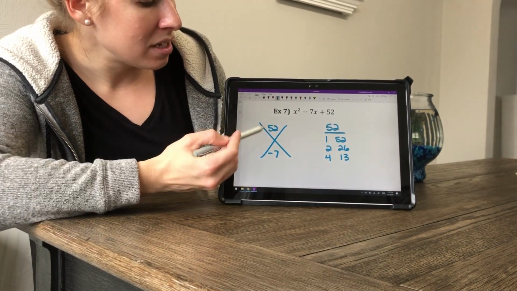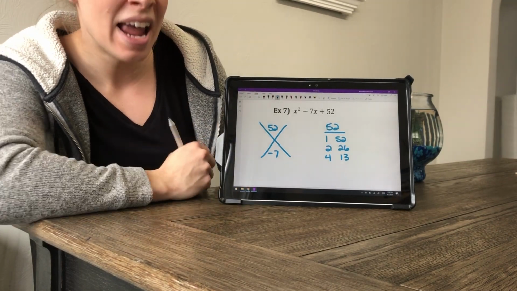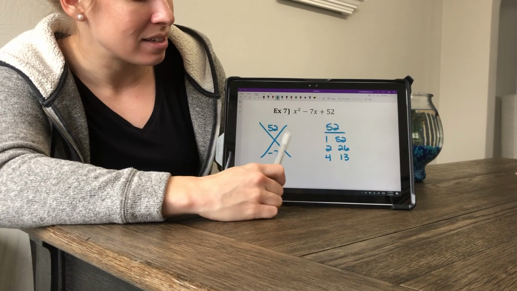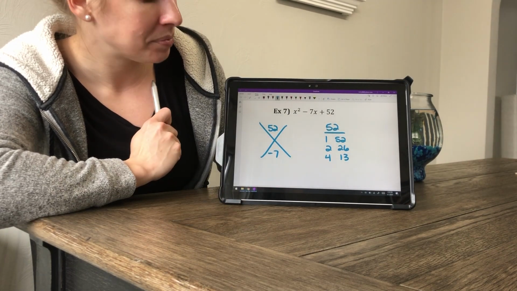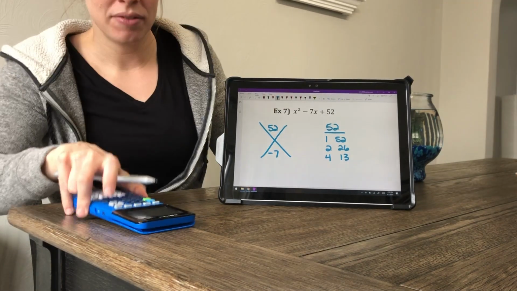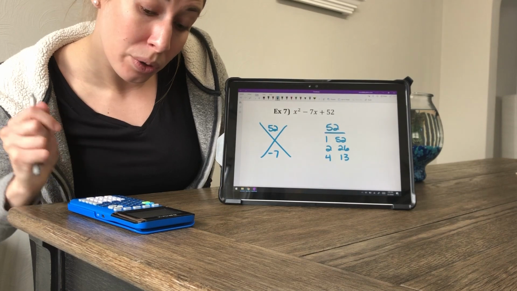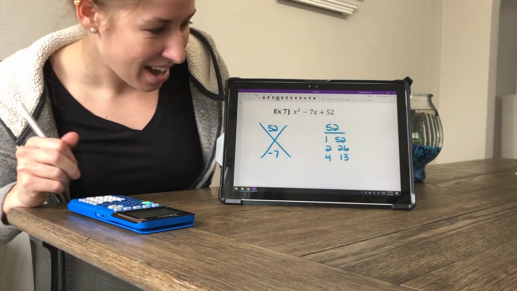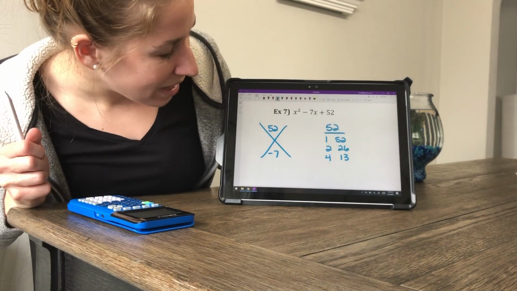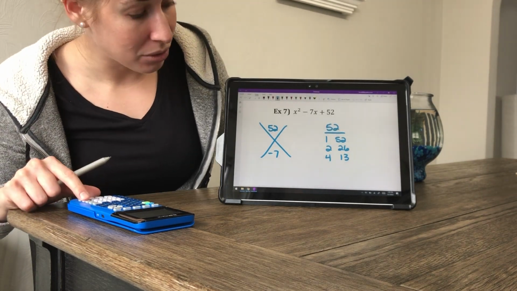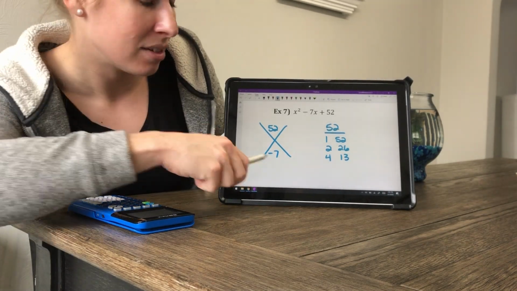So since you're multiplying them together and getting a positive, but adding them together and getting a negative, what does that mean for the signs of both of your numbers? They need to be negative. So if you have negative 1 plus negative 52, you get negative 53. If you do negative 2 plus negative 26, okay, negative 28, still not negative 7.